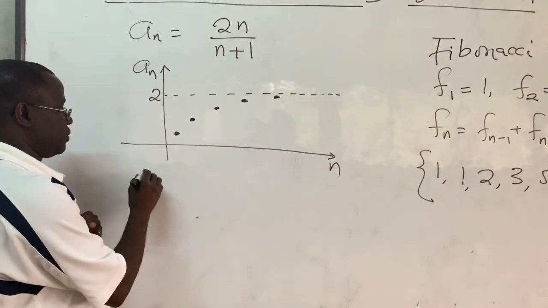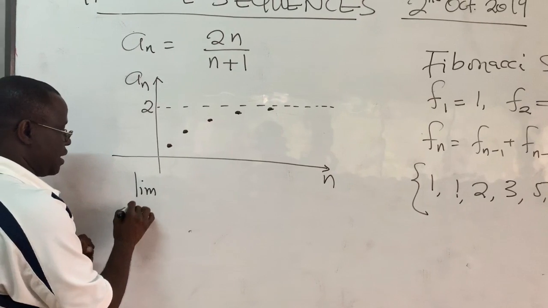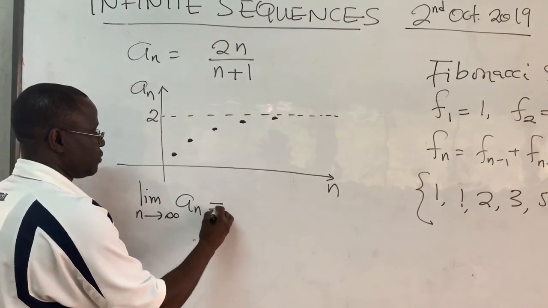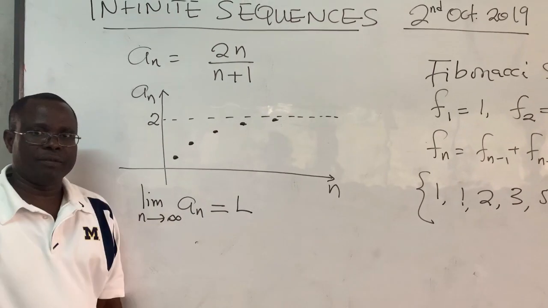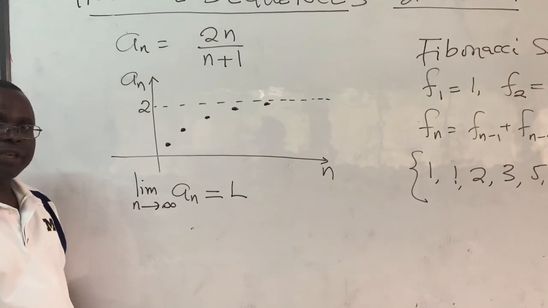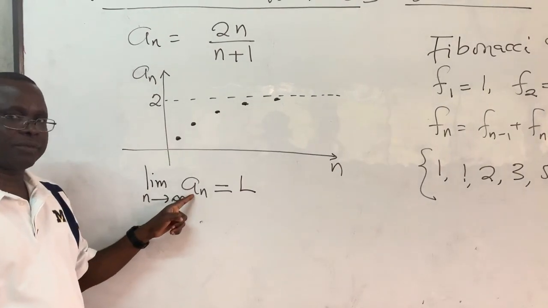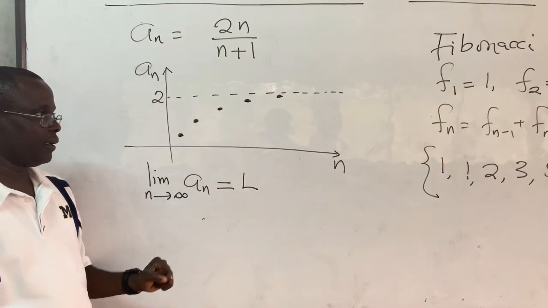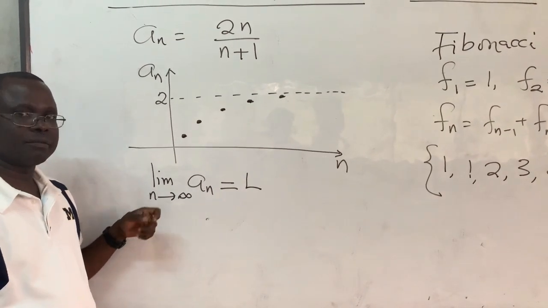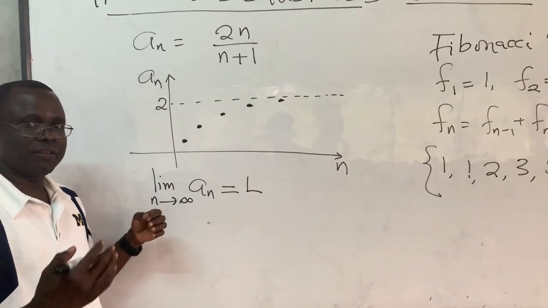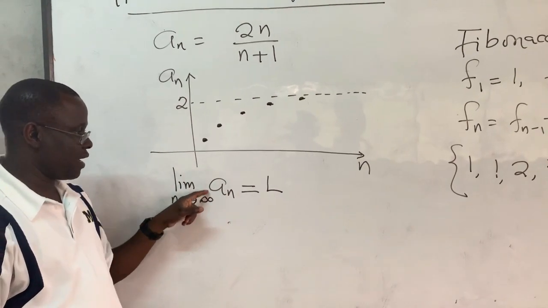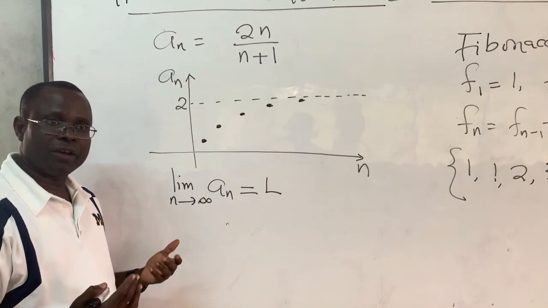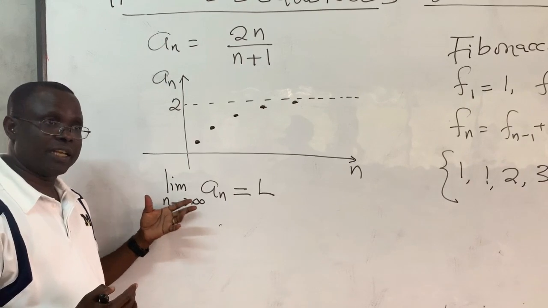So in this case, we say that the limit as n goes to infinity of an is equal to some number, let's call it L. What this means is that I can let the terms of the sequence, the an's, approach this number L by taking n sufficiently large. If it's a big number, I can always make these terms approach that. If you like, that is an intuitive way of describing the limit of the sequence.